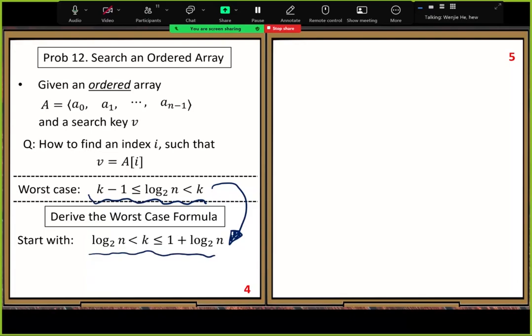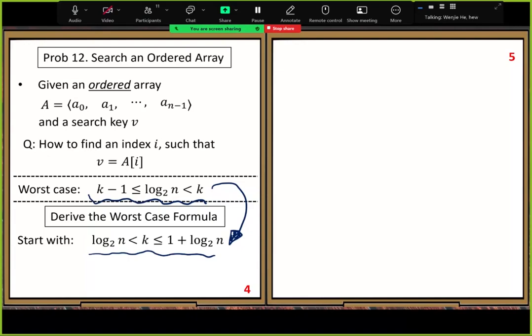So that's the range for k. You get a lower bound, log base 2 of n, that's the lower bound of k, and the upper bound, 1 plus log base 2 of n.